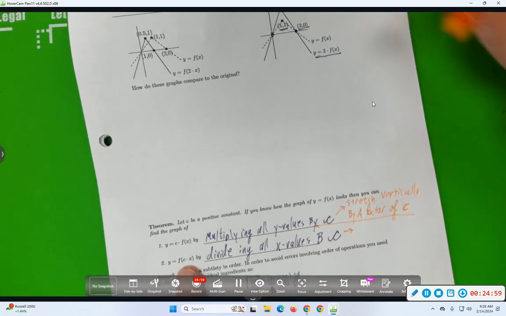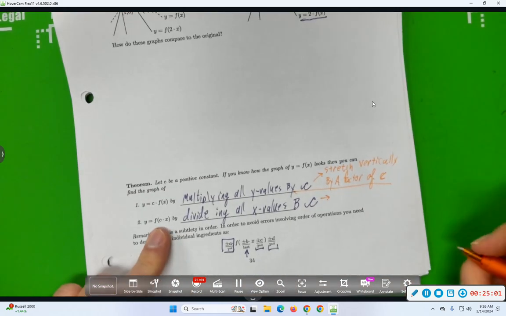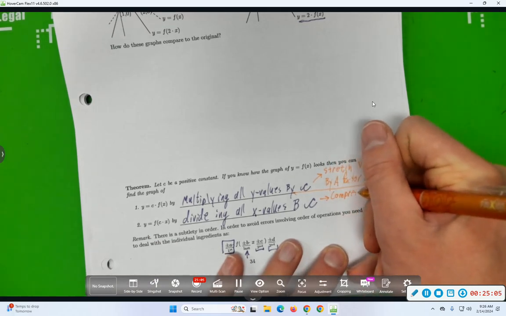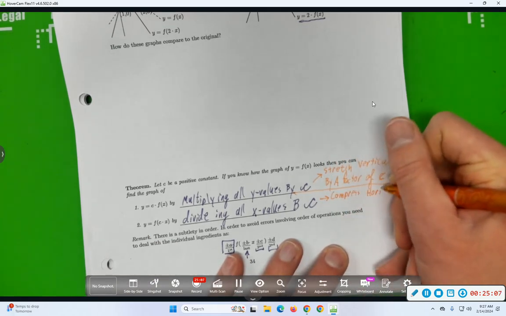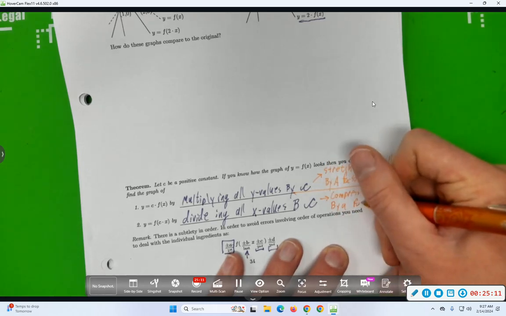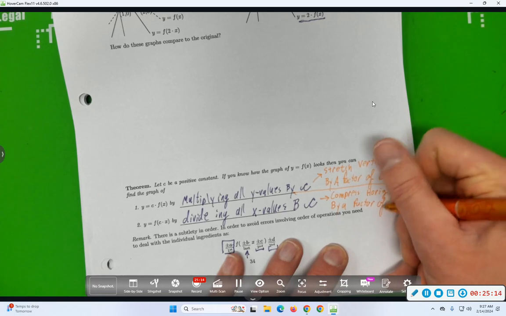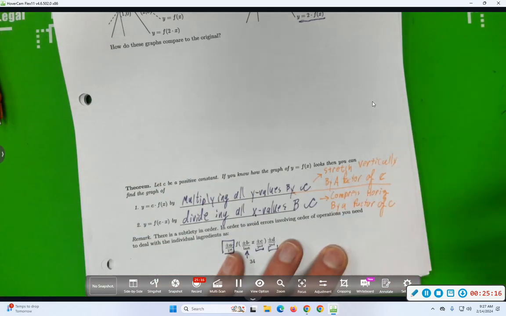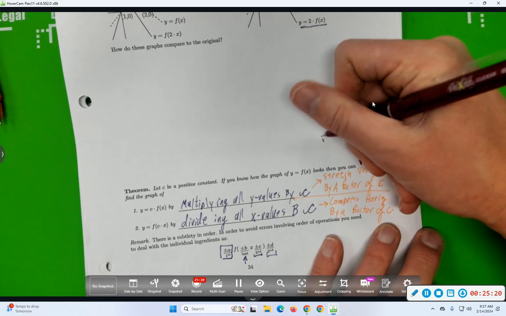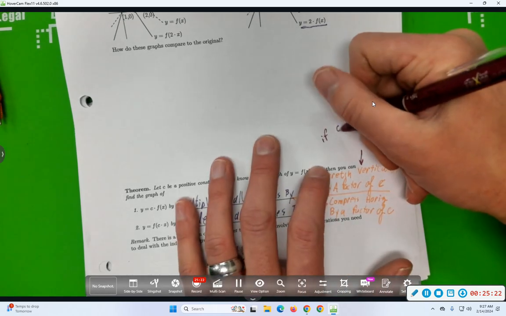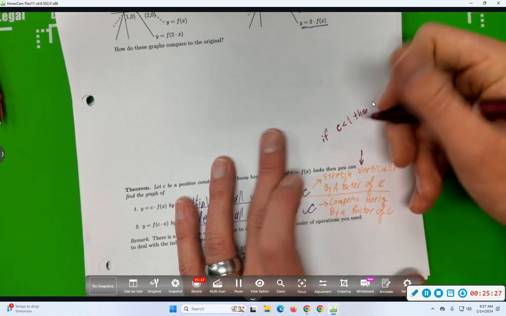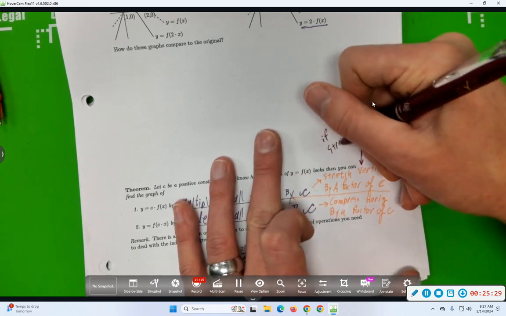When you multiply the x inside the parentheses by a number c, you compress horizontally by a factor of c. And maybe one more quick thing: if c is less than 1, then stretch.